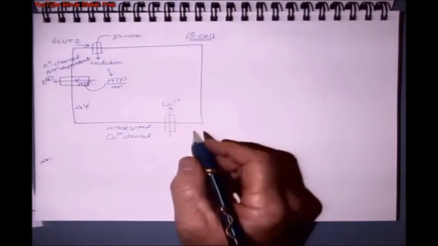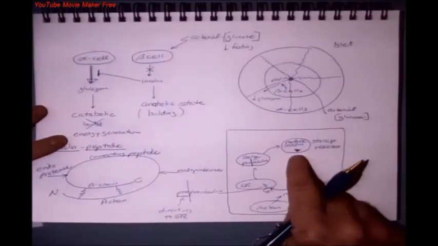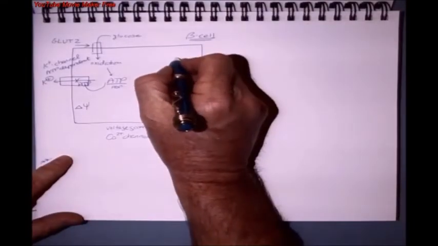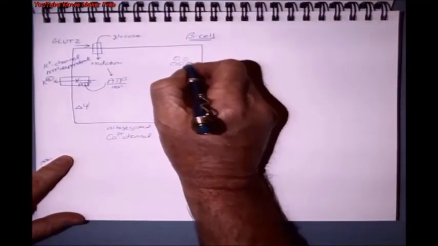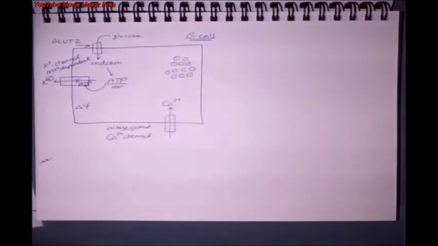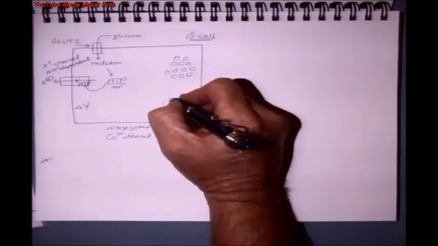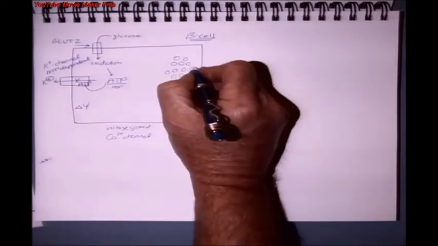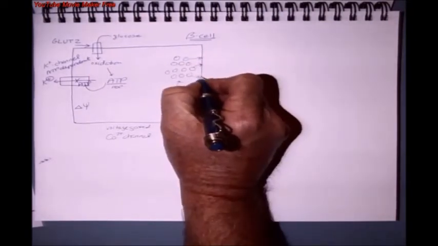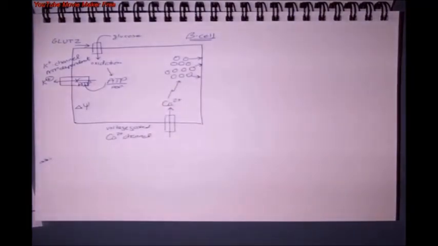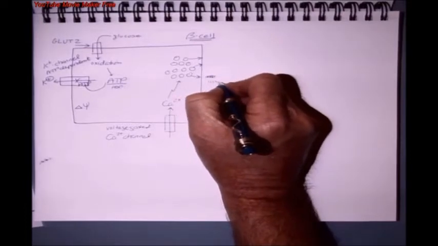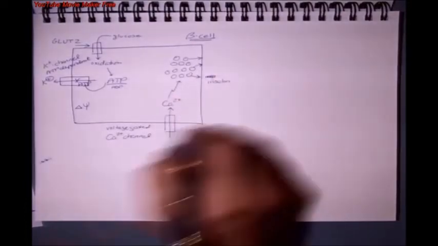Now remember, on the previous picture, we were generating all of these insulin-containing vesicles. Those are located under the plasma membrane in the beta cells. So the calcium is going to now stimulate the translocation of these vesicles to the plasma membrane, and they are going to dump their cargo, and their cargo is insulin into the circulation.